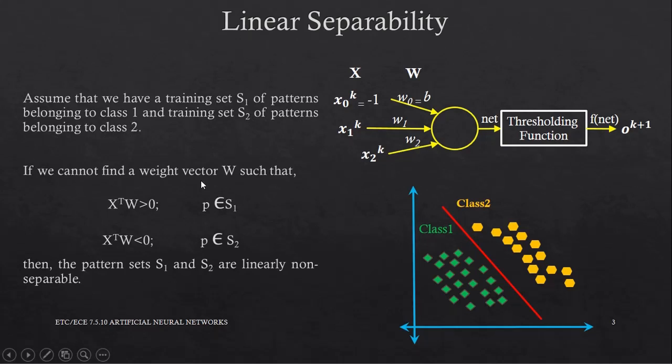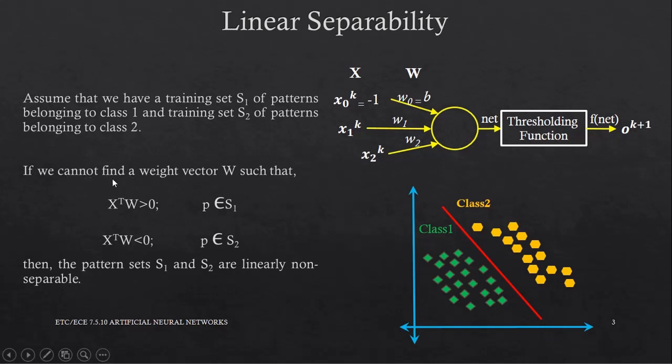If we cannot find a weight vector W such that X transpose W is greater than 0 for each pattern P belonging to the set S1 and X transpose W is less than 0 for each pattern belonging to the set S2, then the pattern sets S1 and S2 are linearly non-separable.